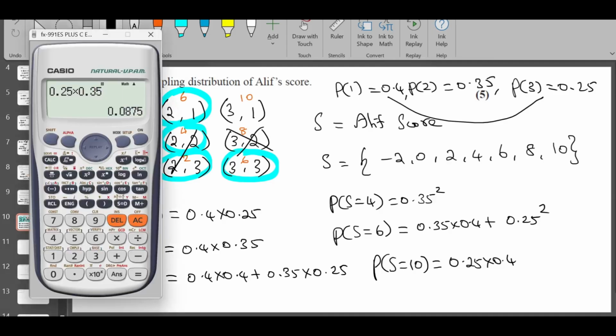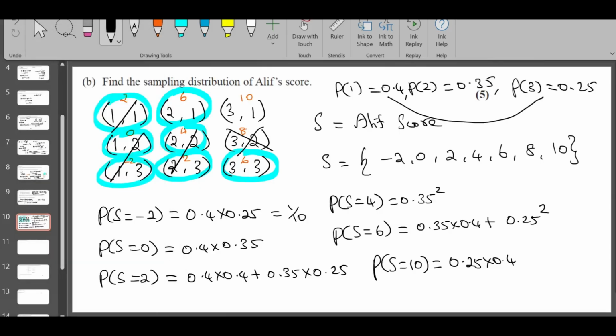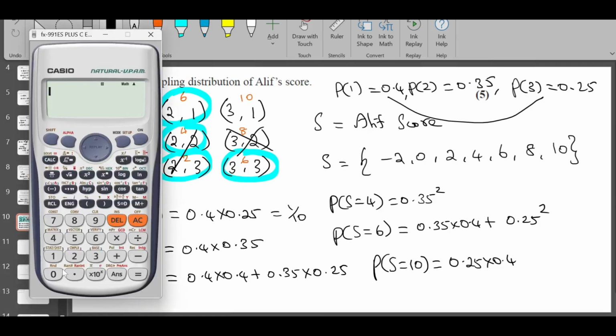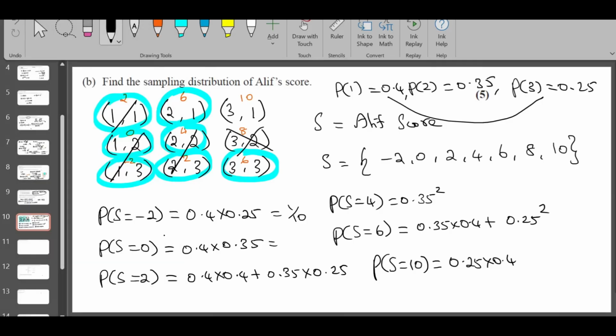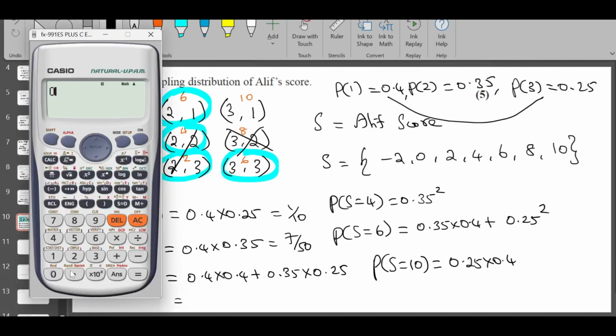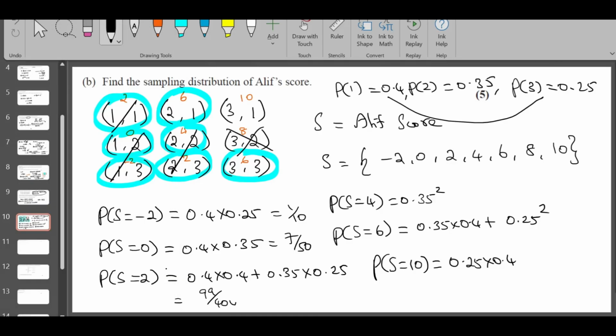So let me calculate these values one by one. 0.4 times 0.25. That's 1 over 10. Either you keep all the values as fractions or all the values as decimals. 0.4 times 0.35 is 7 over 50. This one: 0.4 squared plus 0.35 times 0.25 is 99 over 400.